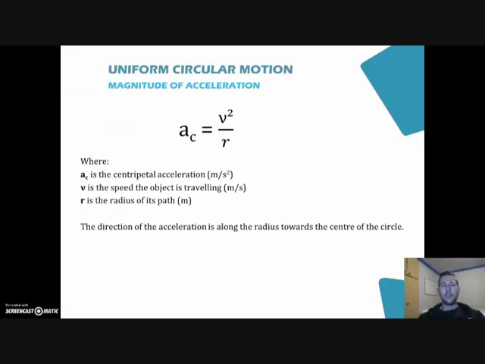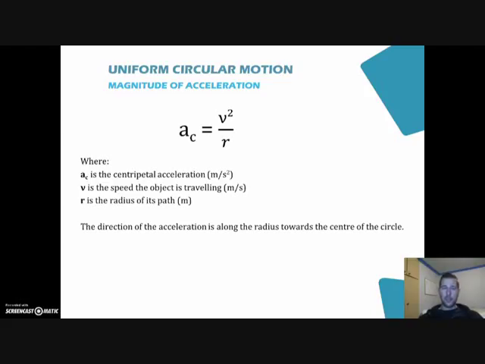Now here I've provided a formula to calculate the magnitude of the acceleration if the speed and the radius of the path is known. I have not provided a derivation for this at this stage, however, if you're interested, please let me know. I can go through it in class. So what we've got here is acceleration is equal to the velocity squared divided by the radius.